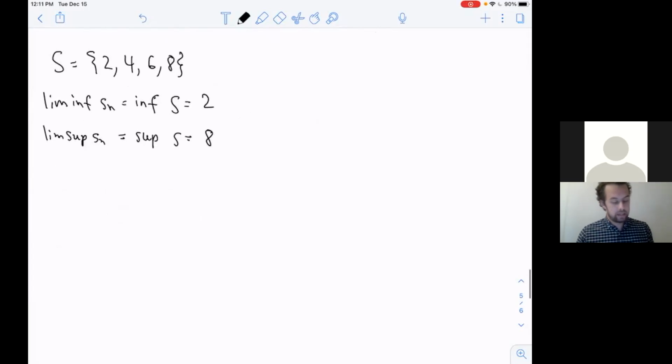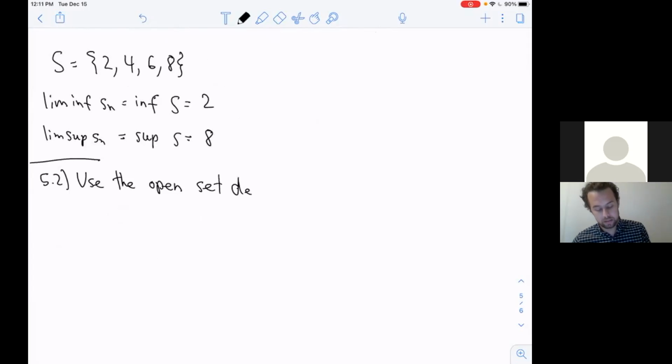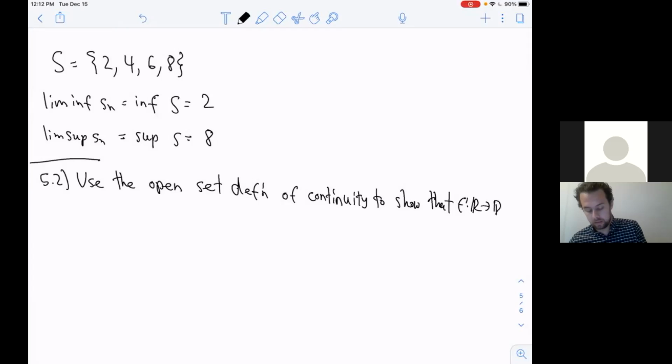Okay, now let's do something from 5.2. We're going to use the trickiest continuity definition from 5.2. So use the open set definition of continuity to show that f from R to R, which we're going to define like this.